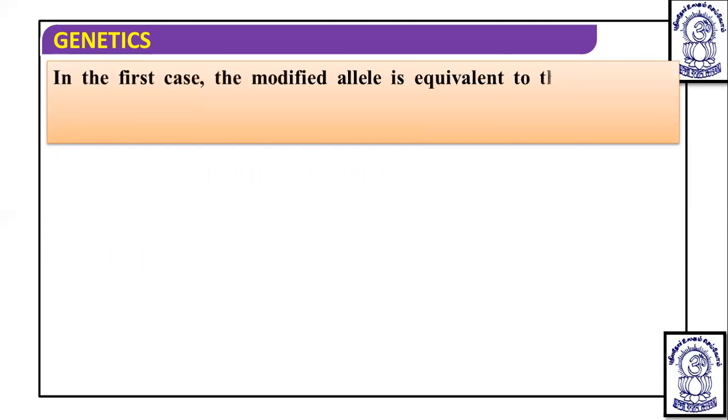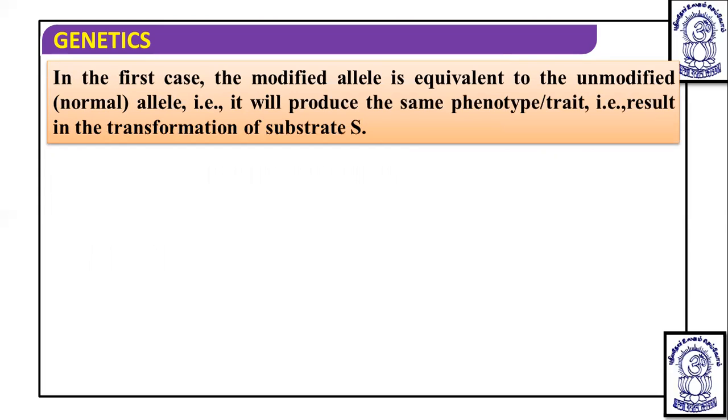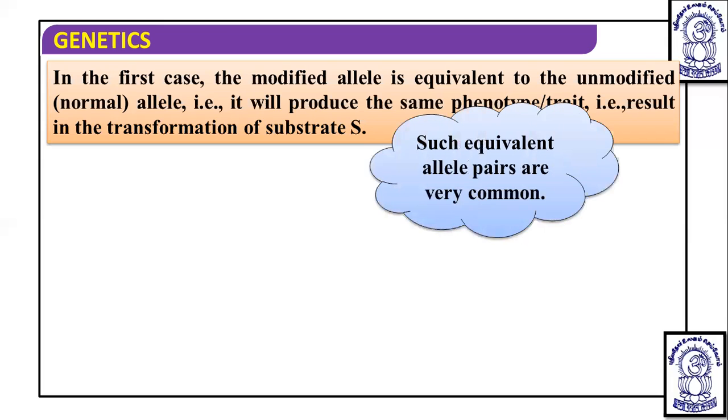In the first case, the modified allele is producing a normal or less efficient enzyme, meaning the modified allele is acting equivalent to the unmodified allele. So it will produce the same phenotype or trait, the substrate will be converted into the product the same as it is converted by the dominant or unmodified allele.